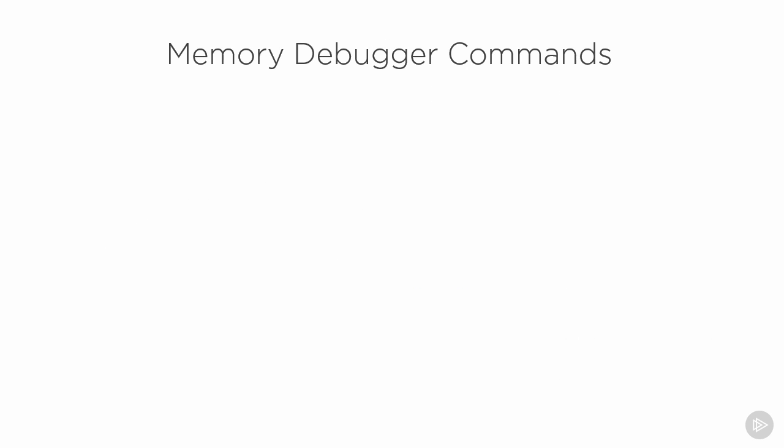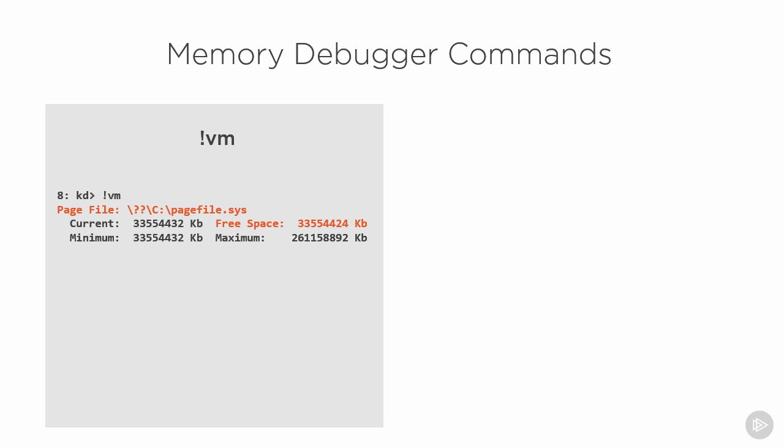So here's a couple of memory-related debugger commands that allow you to assess your memory utilization. The first one is !vm. This will show us information such as your page file space. Here you can see we've got a page file on the C drive, and that its current page file space is about 33 gigabytes. That's also the minimum, but the maximum is much higher.